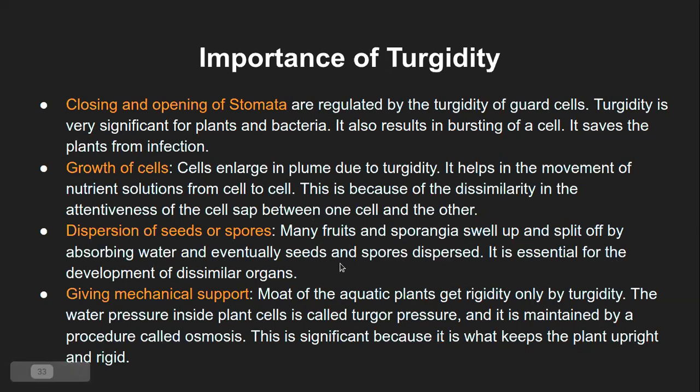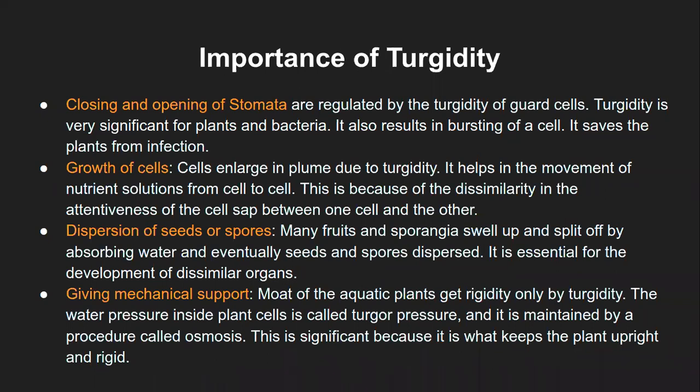And it is essential for the development of the dissimilar organs. Dissimilar organs in the sense that it is required for the breaking up of the sporangia or the fruit, and that way the dispersion, that is spreading of the seeds or spores, does happen as well.